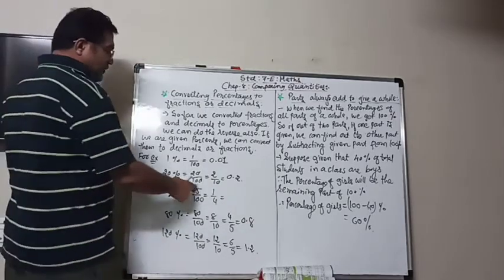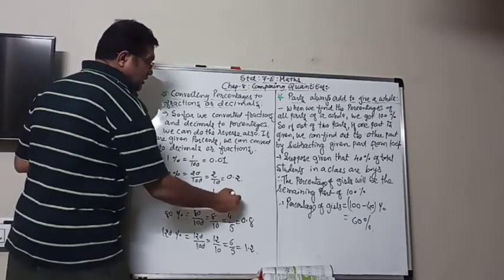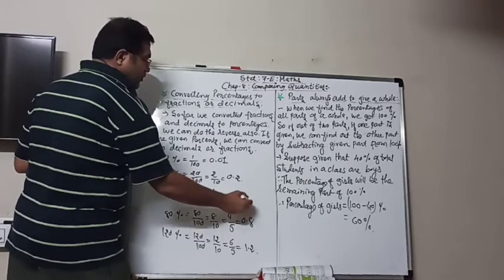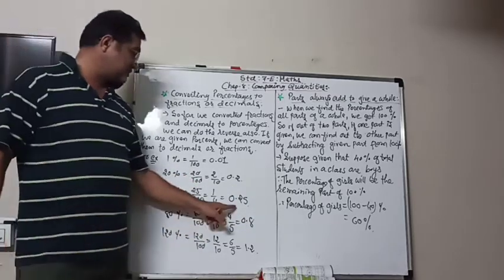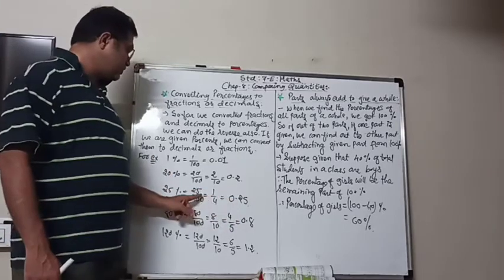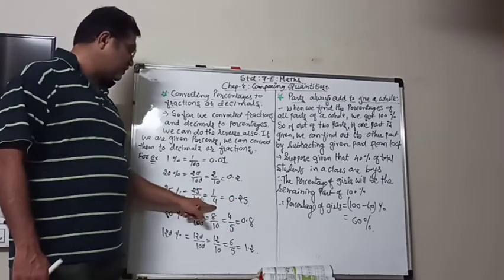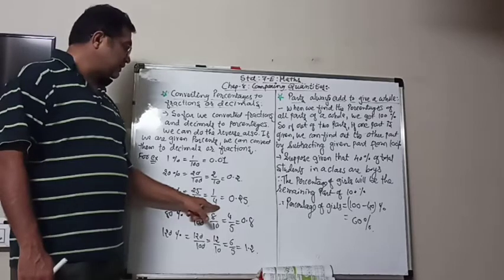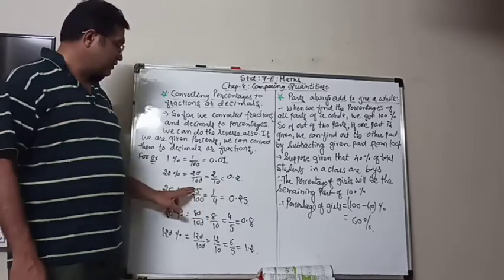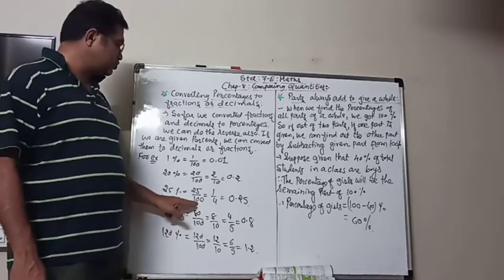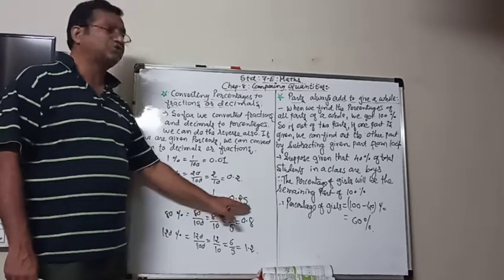Like 25 upon 100, you can write as 0.25. So if you need the fraction form, you have to write 1 upon 4. But if you want the decimal form, then don't write this one. 25 upon 100, there are two decimals, so 0.25.